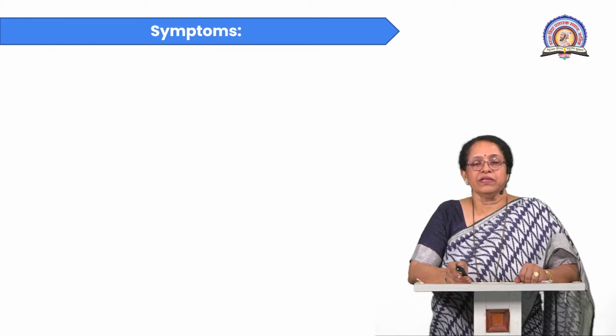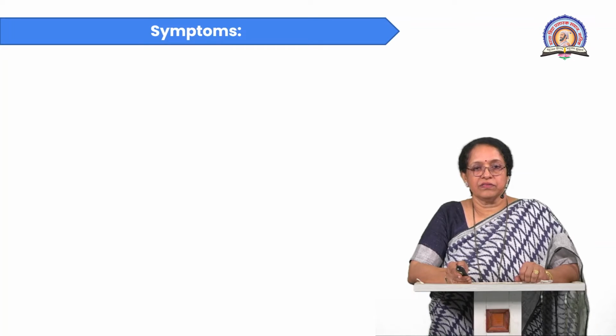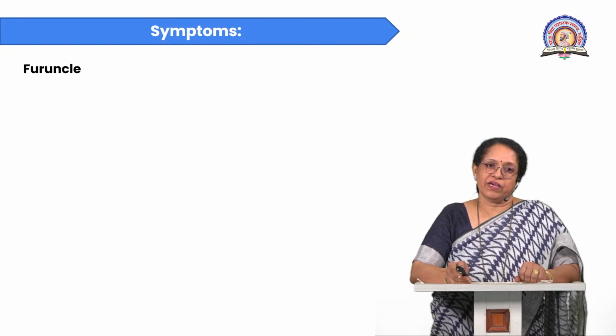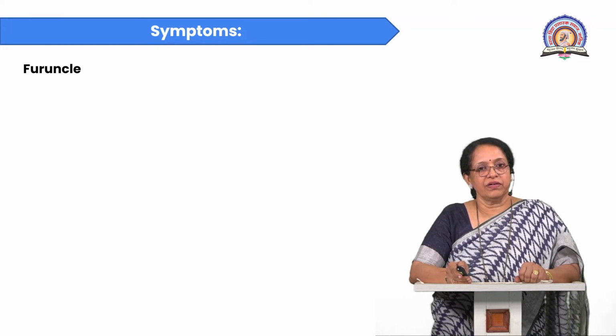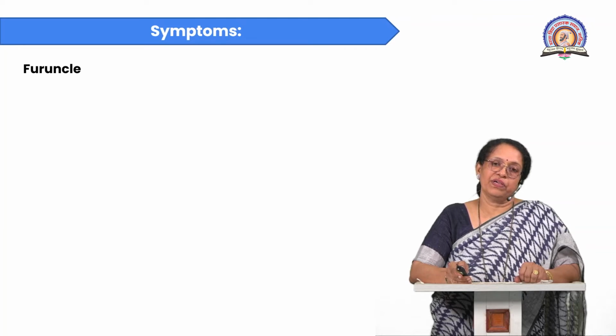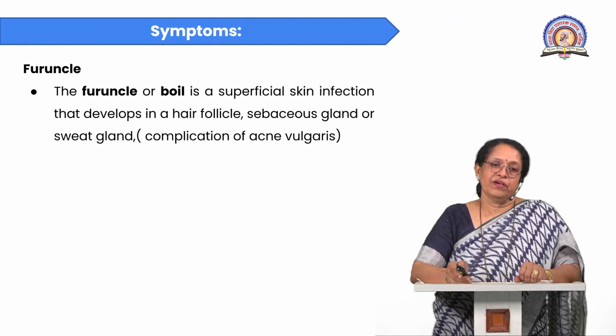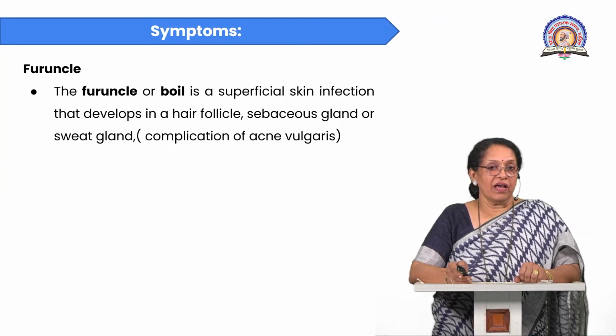So here in the pathogenesis, we have to study some symptoms also upon infection by the microorganism. If it is a cutaneous infection, as you know, various types of boils appear on the skin, and one of them is furuncle. Furuncle is nothing but one large boil.